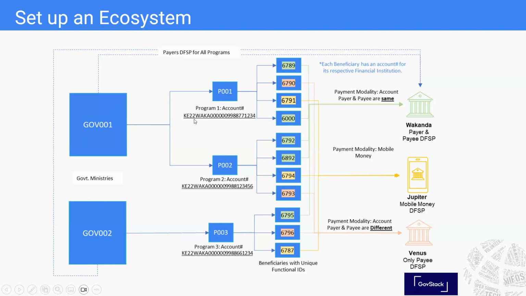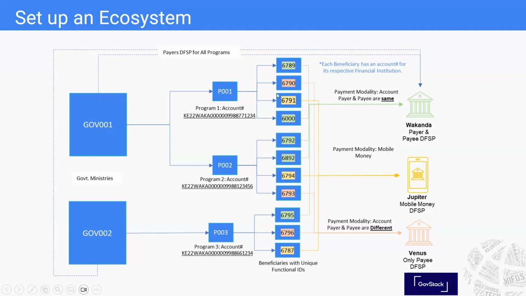For each program that is started, it has allocated a certain account from which it would pay, and it would have provisioned some funds in these accounts. For each of these programs, they may have set up some beneficiaries, and each of these beneficiaries would have some unique functional IDs. These are the functional IDs that you see.